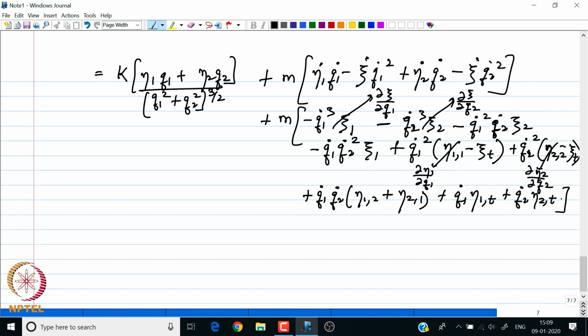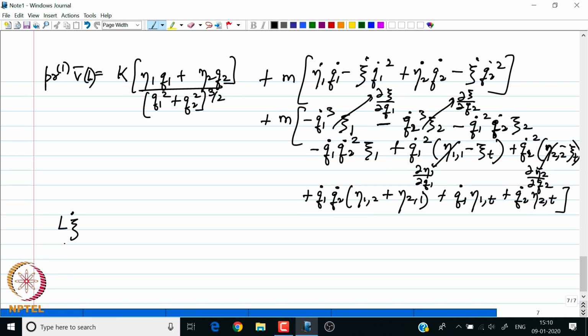There is one more expression that I need to write. We have right now written the first order prolongation operator for L, the Lagrangian, and then we also need to check L xi dot.